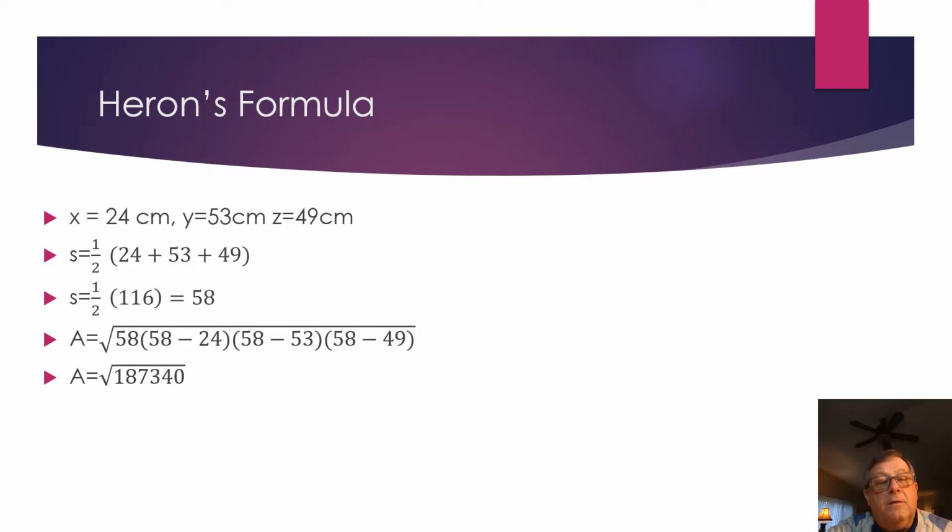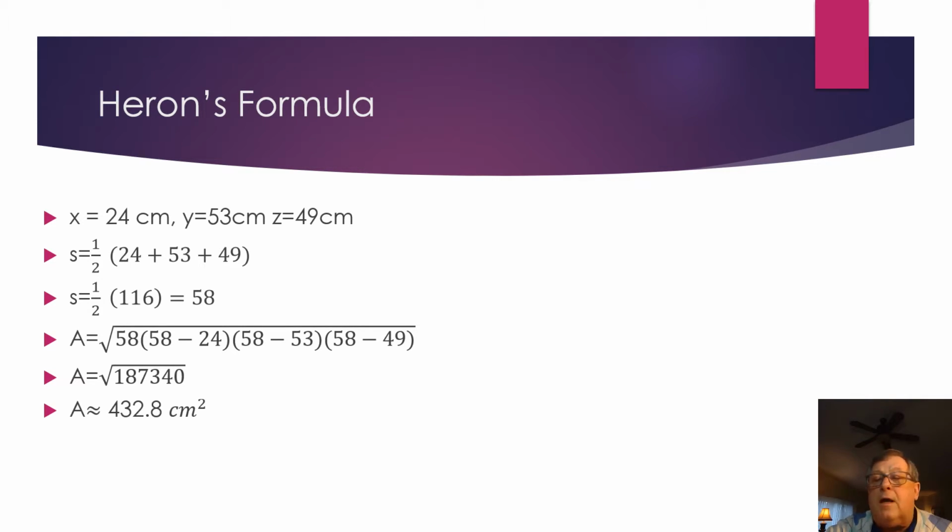If I take all that, that ends up being the square root of 187,340. We take the square root of that number, and our area is approximately equal to 432.8 centimeters squared. Make sure you include your unit of measurement.